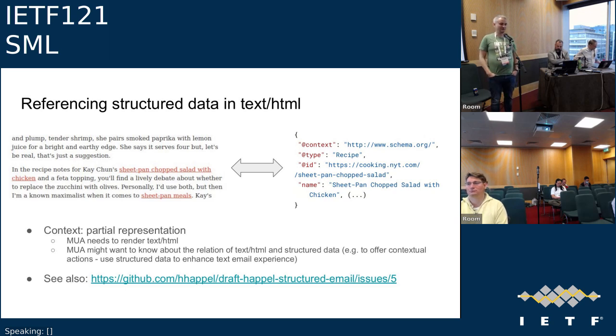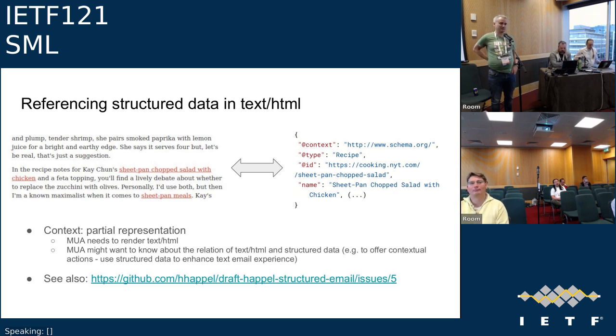How can clients know and understand how the structured data and the actual HTML email or the human representation relate to each other, so that the client can choose certain forms of making the email better for the actual user, and whether this kind of referencing is useful.